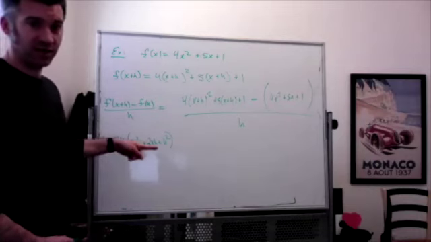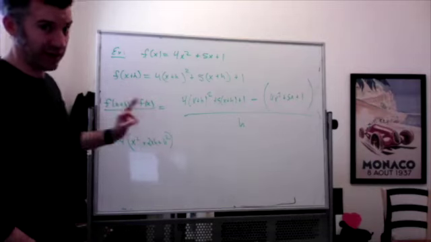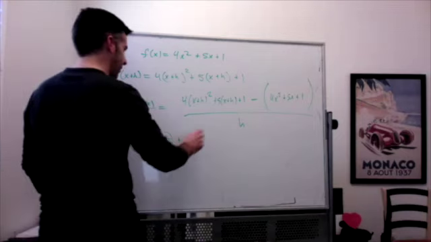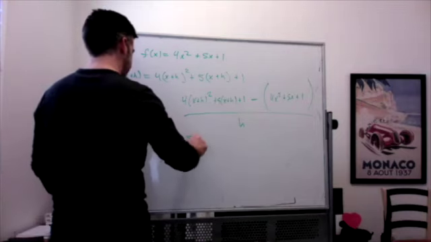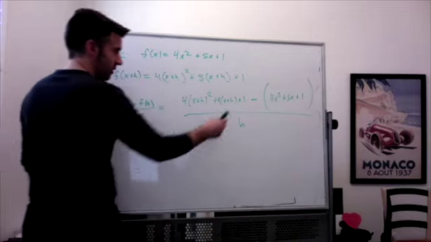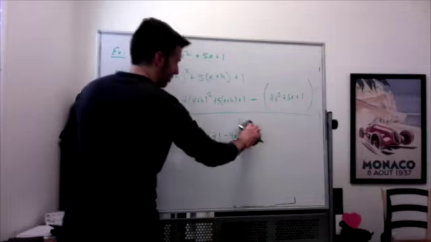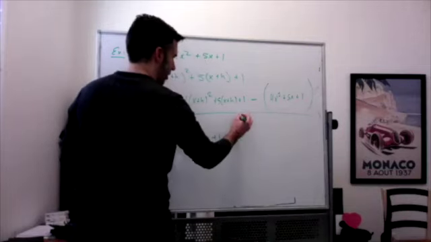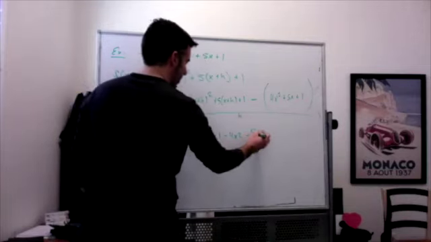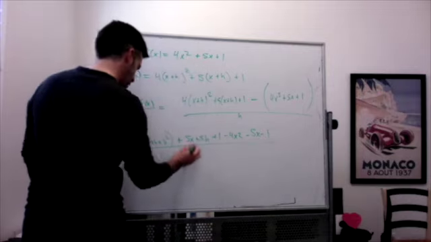There's an x squared and an h squared, but there's also a middle term, which is 2xh. You've got to get that middle term. It's vital. Then we distribute the 5 and get 5x plus 5h plus 1. Then we distribute the minus sign and get minus 4x squared minus 5x minus 1, all divided by h.